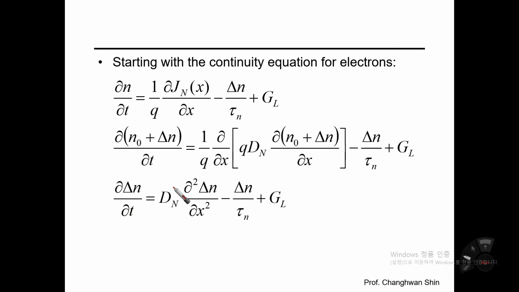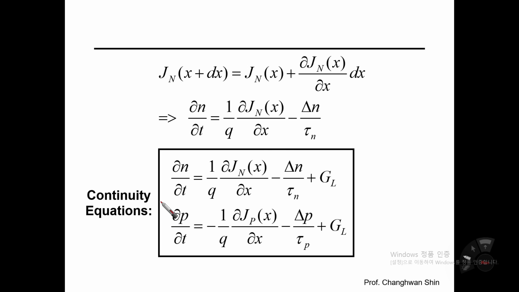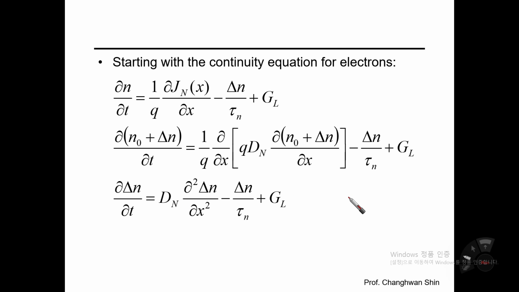All right. Now, starting with the continuity equation for electrons, I have brought the continuity equation for electrons here. Going back two more slides, you will see this equation, so I'm going to copy and paste it here.